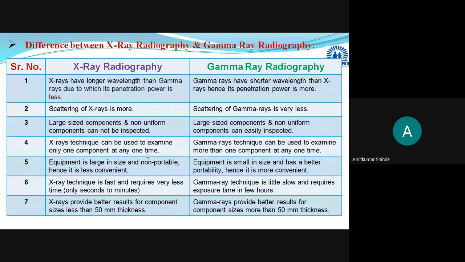I will repeat the question. A radiography technique of detecting defects is based on the principle of option A diffraction, option B reflection, option C interference, and option D absorption. Please put your answers in the chat box. This question was asked in GATE 2012. Which principle is used in this radiography technique?